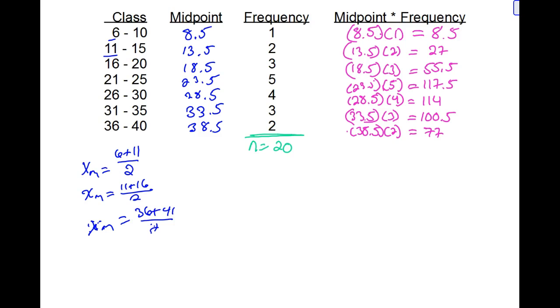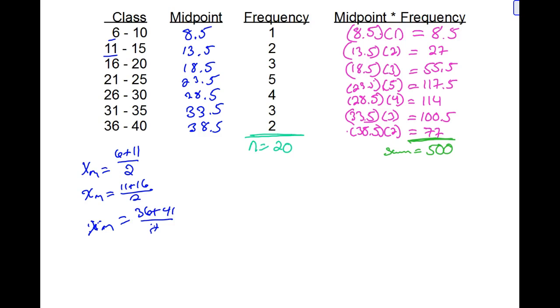Now I have taken the midpoint times the frequency. I'm going to add those up, and I'm going to get that sum. When I add those up, 8.5 plus 27 plus 55.5 plus 117.5 plus 114 plus 100.5 plus 77, I should get a sum of 500. This was a sample.